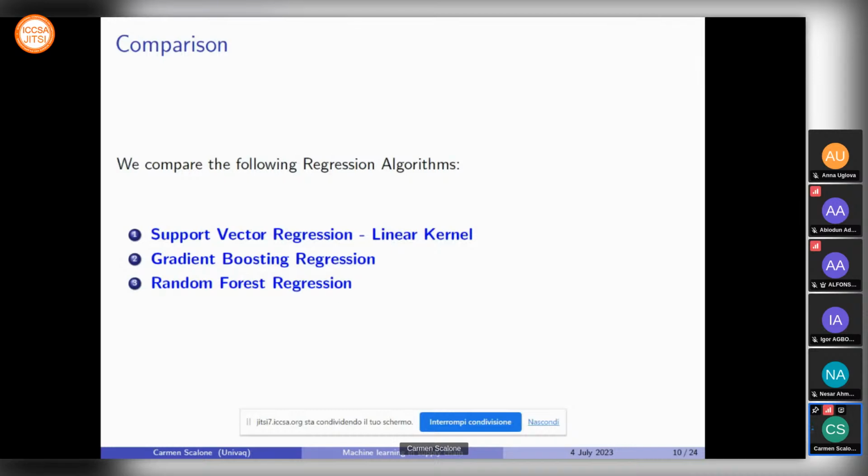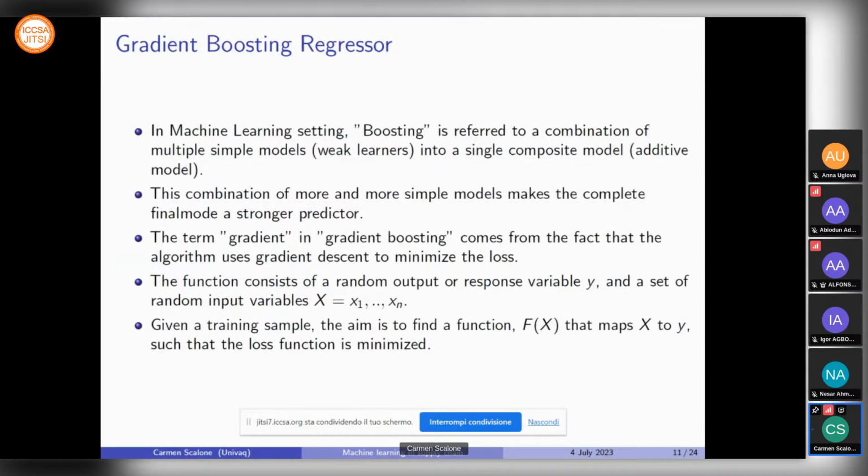With gradient boosting, I will just give you a bit of the idea of the two algorithms, because these are the most important and they work very well on our problem. Essentially, we have the combination of simple models, the so-called weak learners, and the idea is to work with gradient descent, able to minimize a loss function.